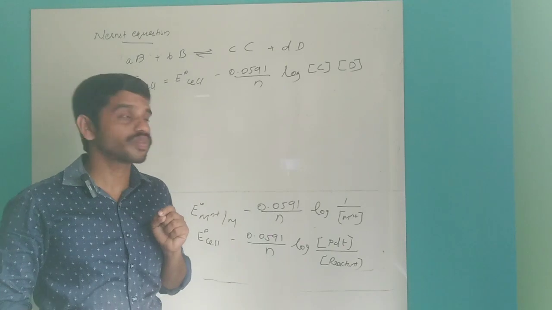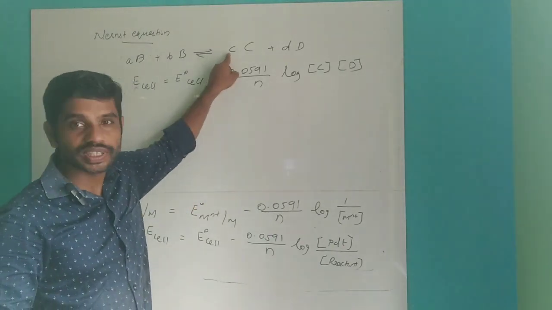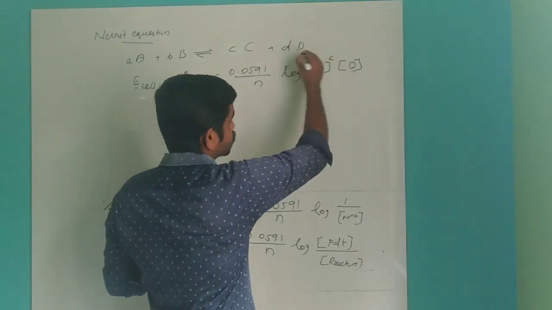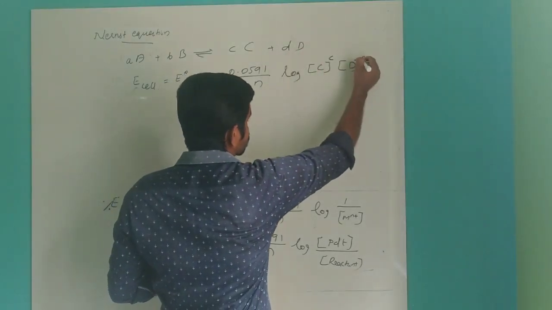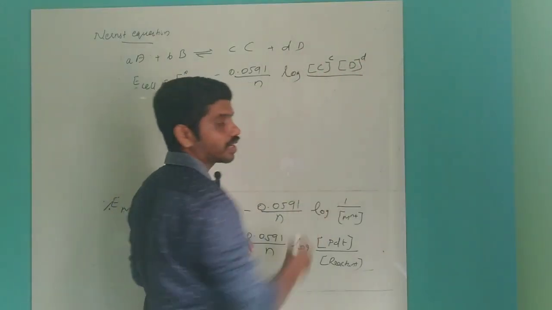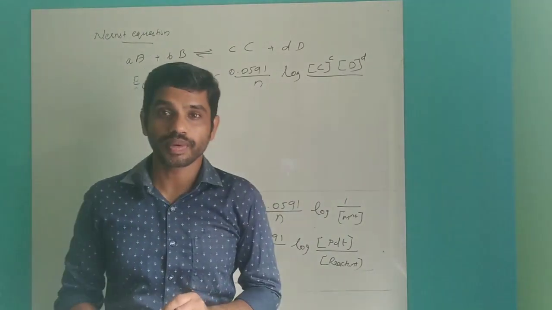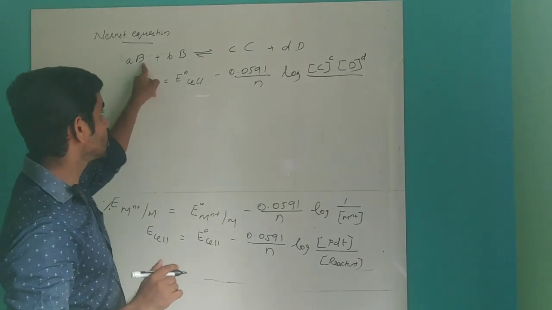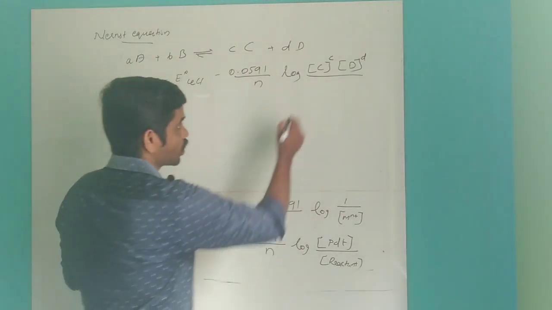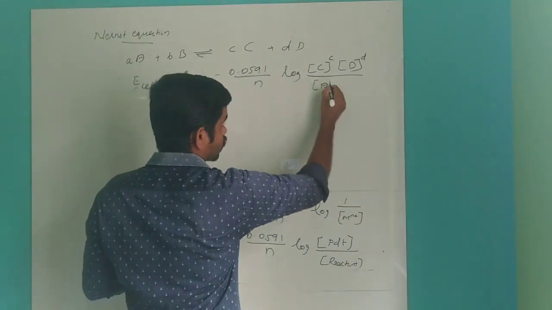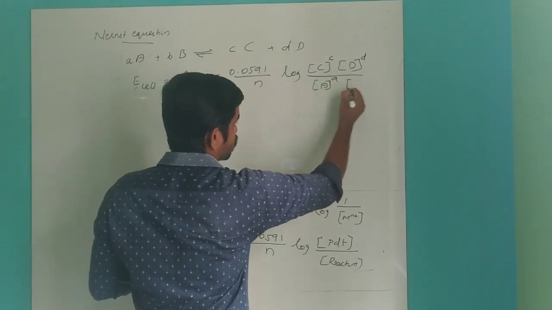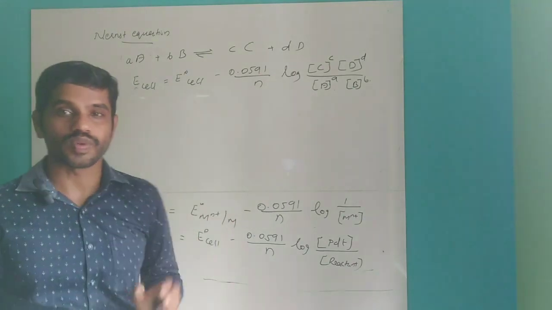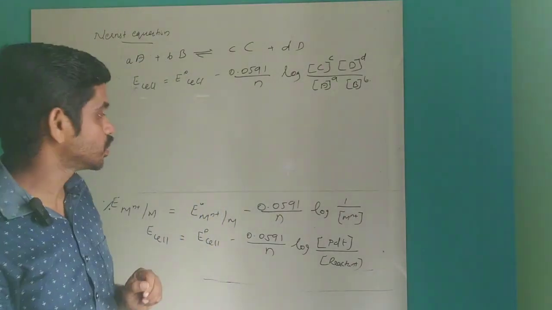No, there is one more thing you have to take care of: the coefficients. You have to write them as powers, like the equilibrium constant. So C to the power c, D to the power d, and in the denominator the concentration of reactant A to the power a and B to the power b, just like writing the equilibrium constant.